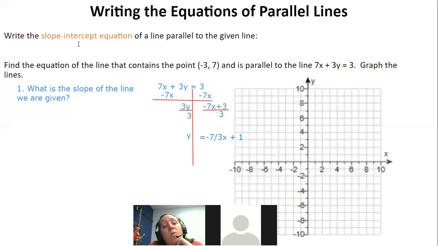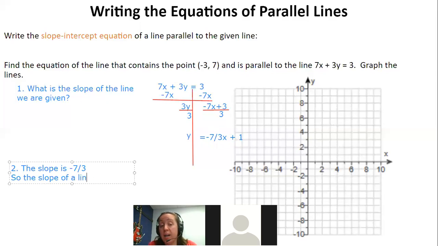So now we know that the slope is -7/3. So the slope of a line parallel to this line would be, so what do you guys think?